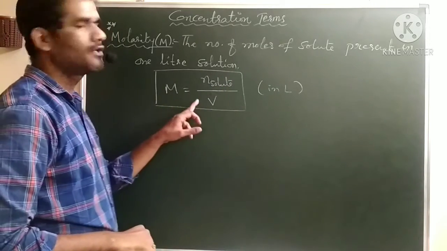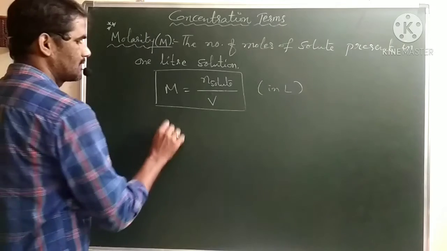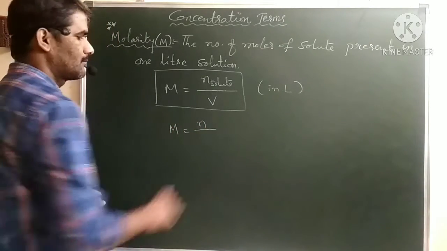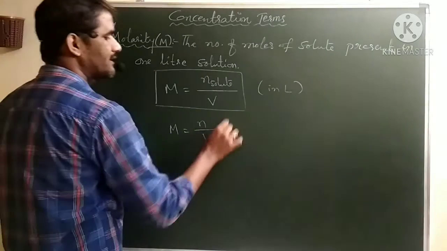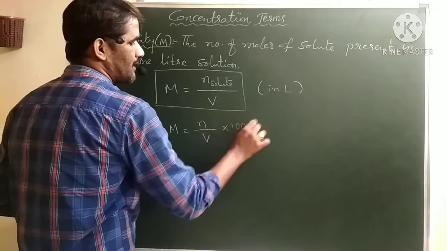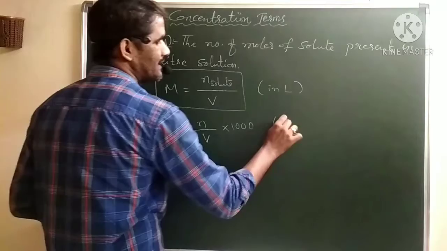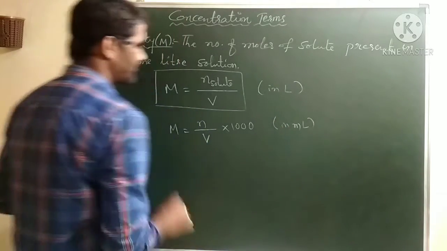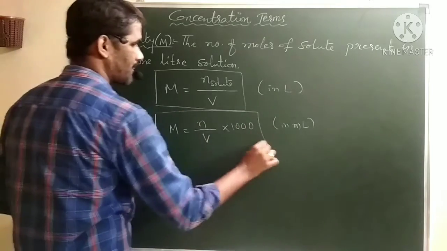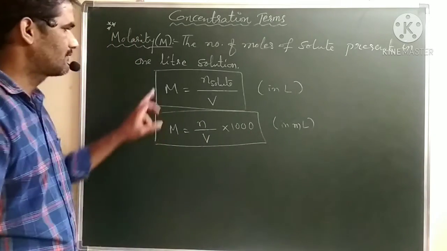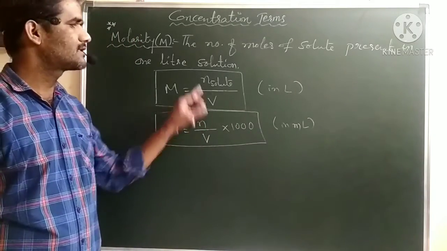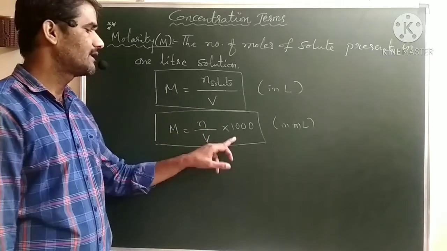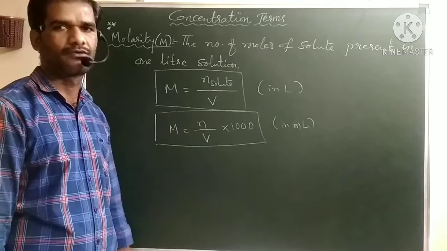But if we take volume in milliliters, then molarity is number of moles of solute by V. So 1 liter is equals to 1000 ml. So this is in terms of milliliters. So we can use any one of these. If you take in liters, directly you can use N by V. If you take in milliliters, there is N by V into 1000.